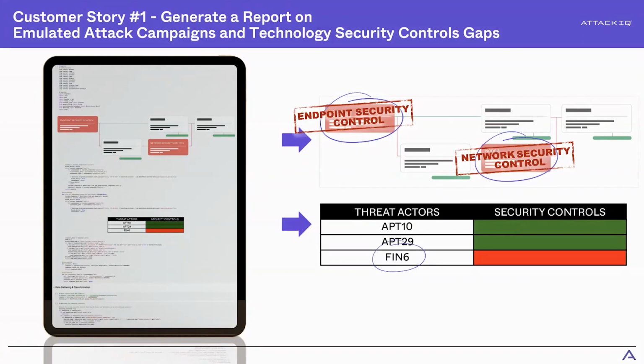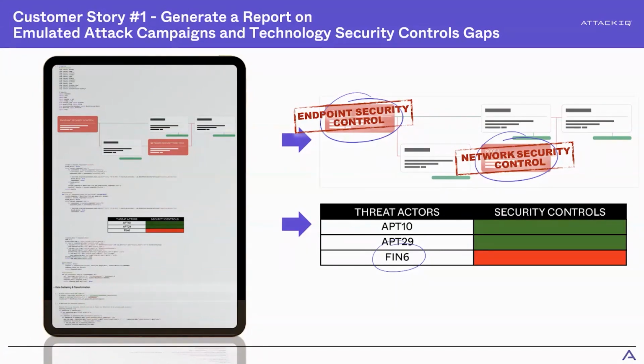So we're going to exercise our various endpoint security controls and our network security controls. This is part of the core reason that breach and attack simulation, BAS, exists as a category: to exercise your controls against adversarial behavior.